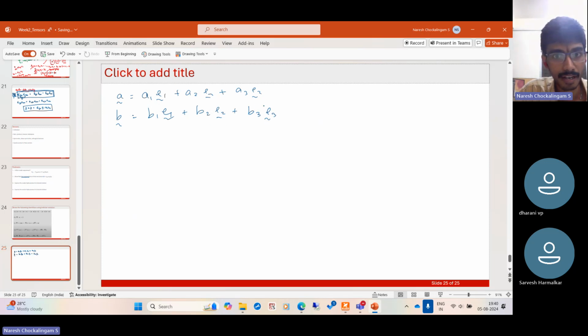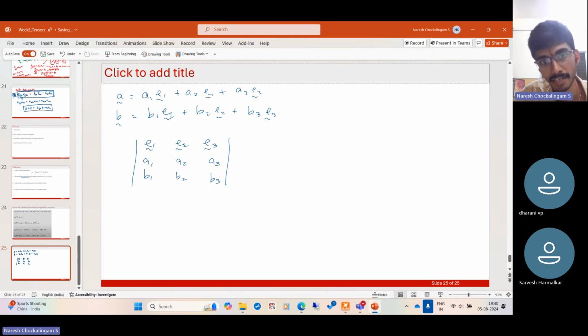If you recall how we do cross products in class 12 or in undergrad, you arrange the basis vectors like this: it can be x cap, y cap, z cap, or even e1, e2, e3, and you arrange the components like this: a1, a2, a3, b1, b2, b3, and take the determinant with sign.